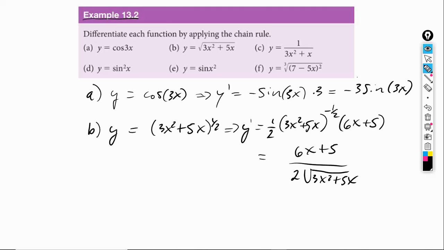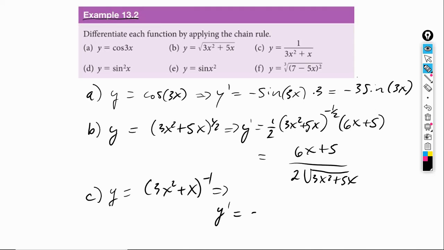And then finally, I'll do C. So again, for C, let's put this in a power form. And because it's 1 over that, we can just rewrite it as (3x squared plus x) to the minus 1. And then what would be the derivative of that?